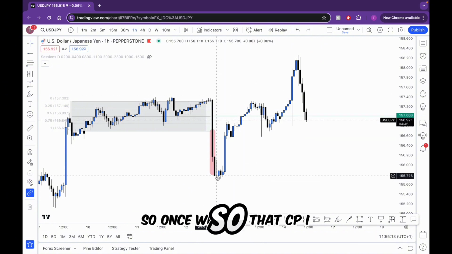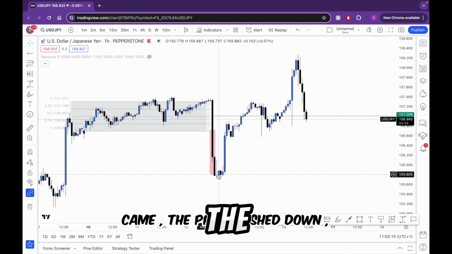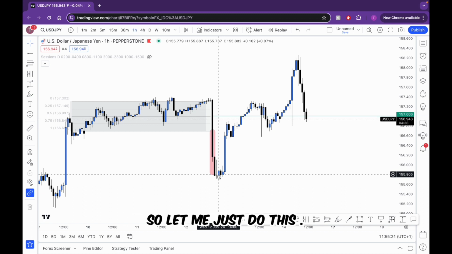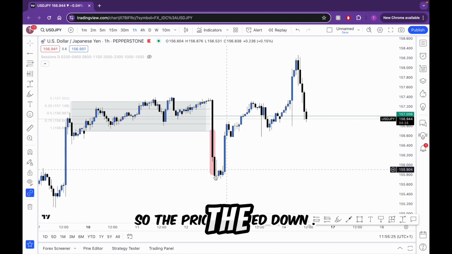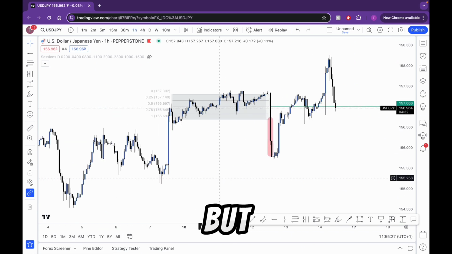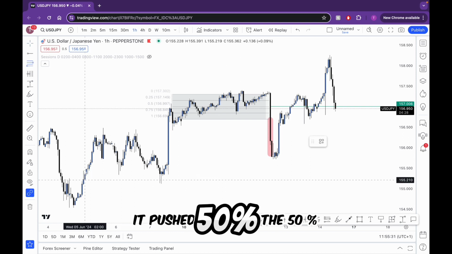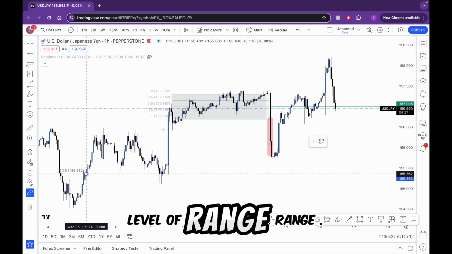Once we saw that CPI came, the price pushed down. But where did it push down? It pushed down to the 50% level of the previous range.